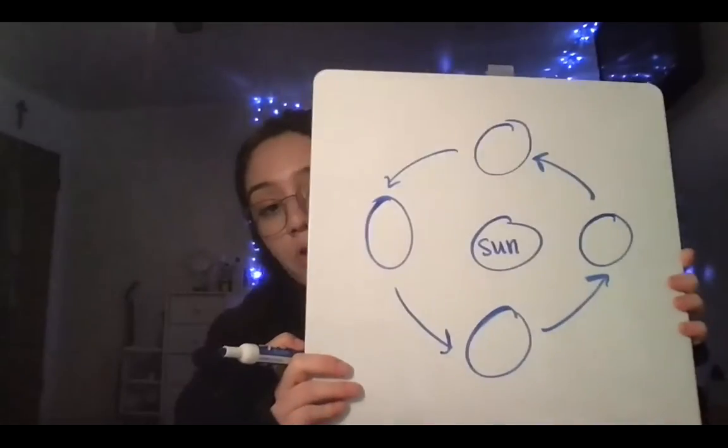All right, so the Earth revolves counterclockwise around the sun. So I'm going to draw that, and I hope that it doesn't look funky because it needs to be flipped or whatever. So the Earth revolves counterclockwise around the sun.